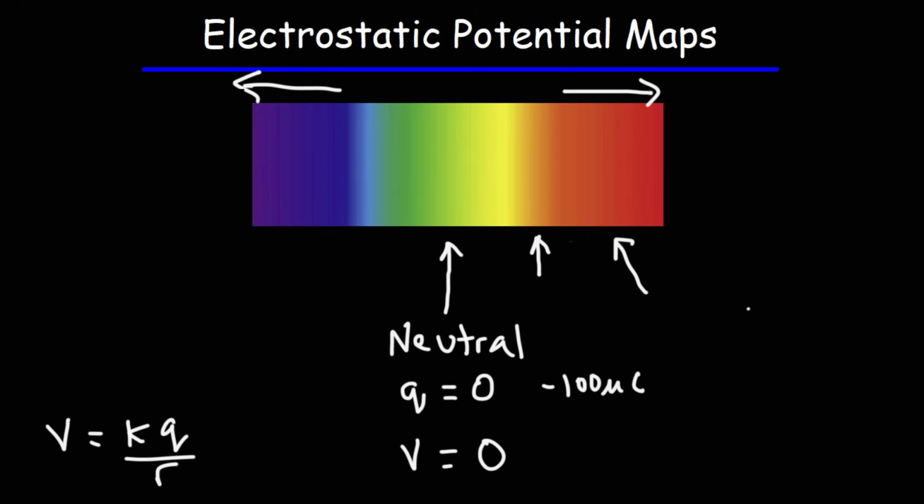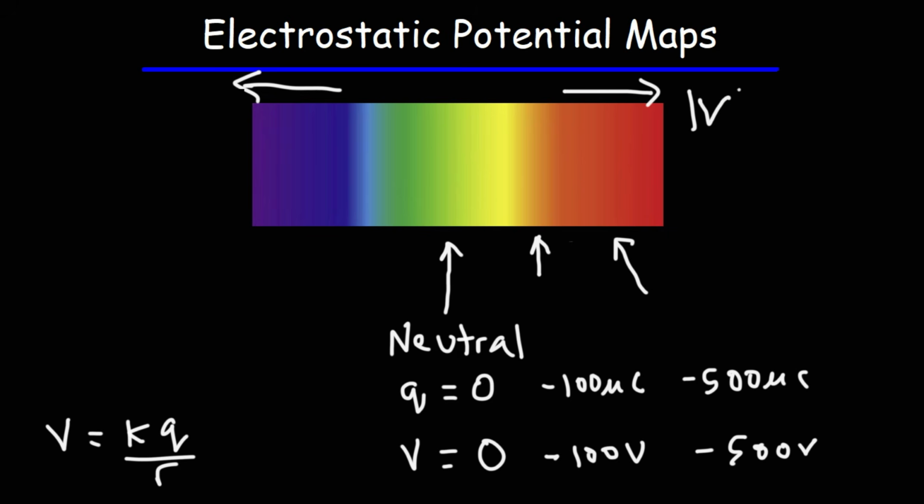Over here, Q might be negative 500 microcoulombs. So at this point, the potential might be negative 200 volts. Well, let's just say negative 100 volts just to keep things simple. And over here it might be negative 500 volts. So as you move towards the right, the electric potential is becoming more negative.